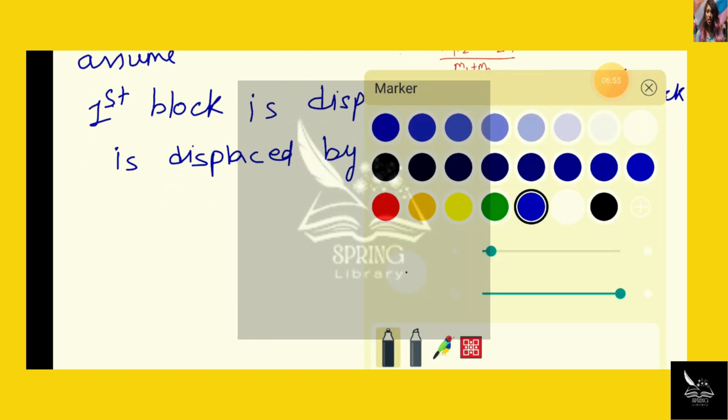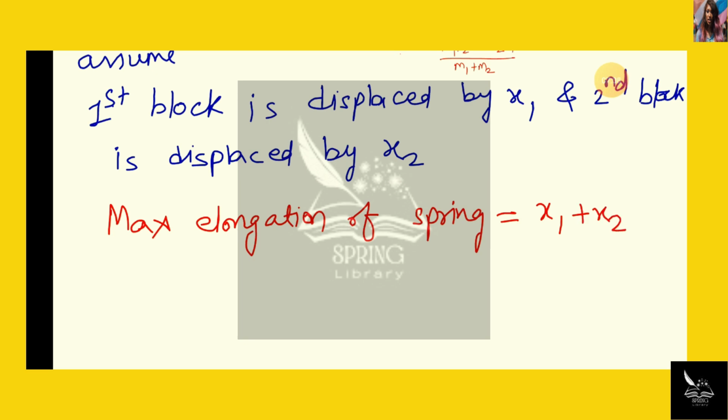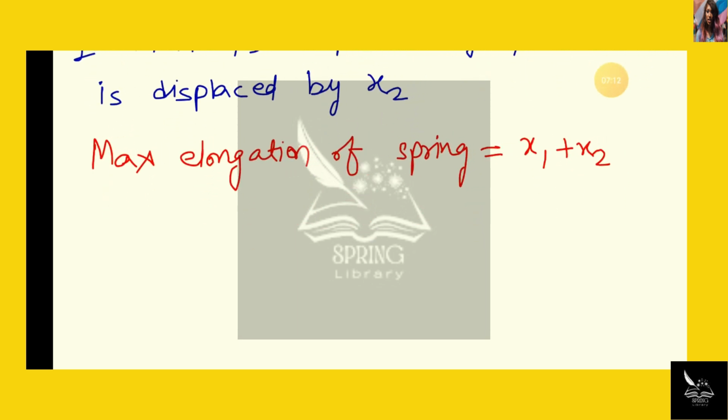Therefore, the maximum elongation of the spring will be written as x1 plus x2. So here we have to find the value of x1 plus x2.